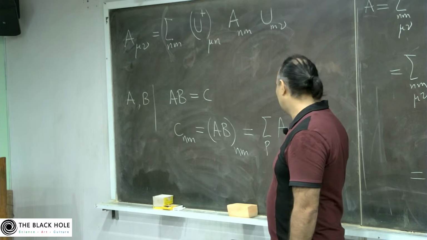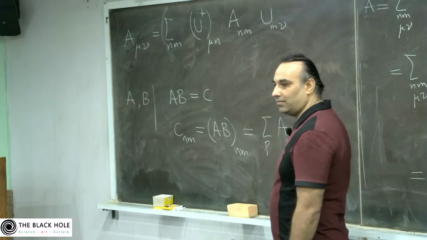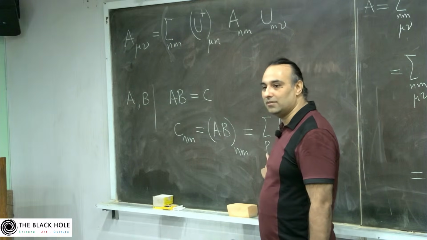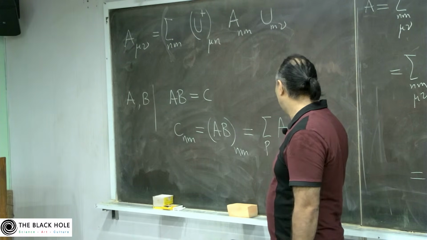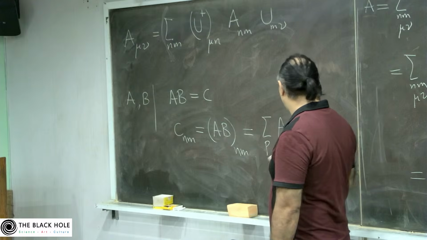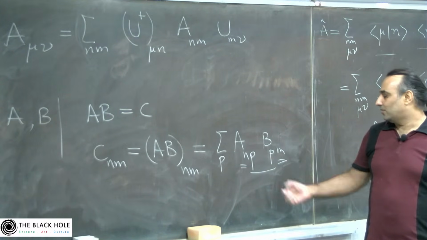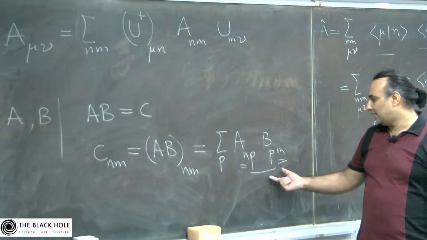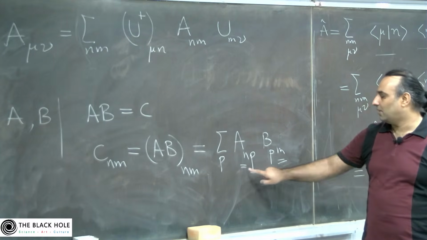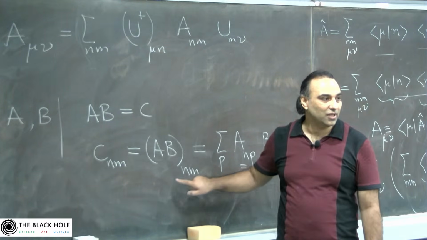So this is the structure. The common index here is what we sum over, and these are dummy indices, so we can use any label for them. These two are free, so they come over here.